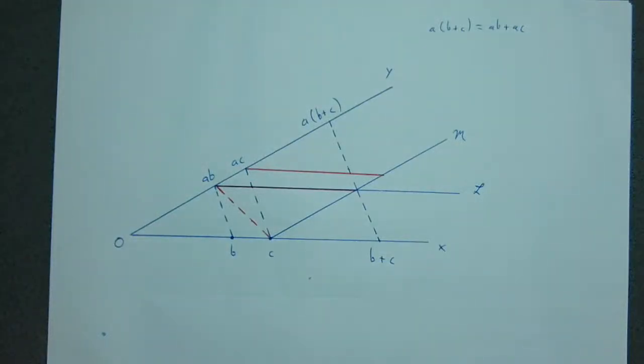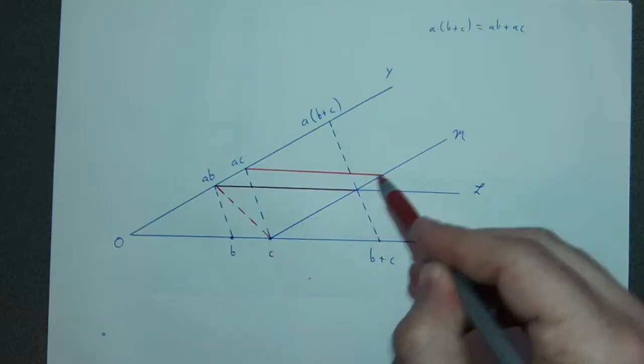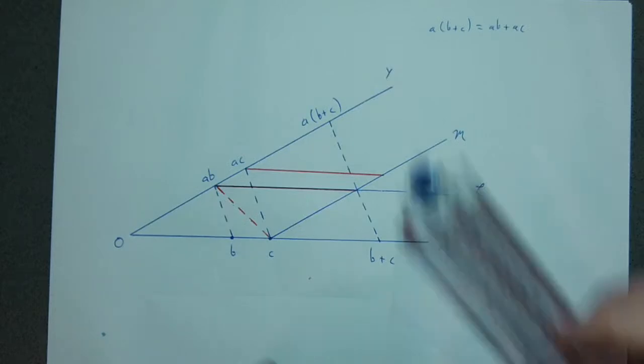But what do I have here? So look at that picture for a second. I have 3 points here on M: 1, 2, 3. I have 3 points on the y-axis: 1, 2, 3. I haven't completed this last thing. So let's do this, right?